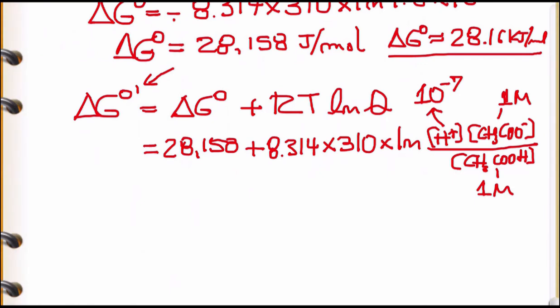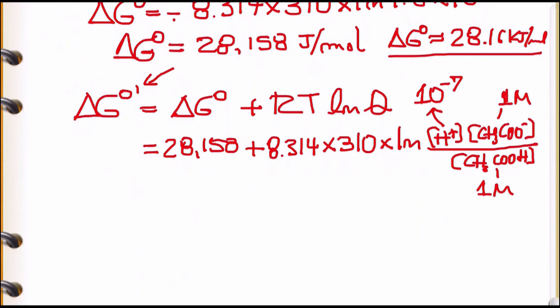So now we calculate the same thing, except that this is going to be log of 10 to the power of negative 7. Then we take this logarithm, and this alone is minus 16.1.